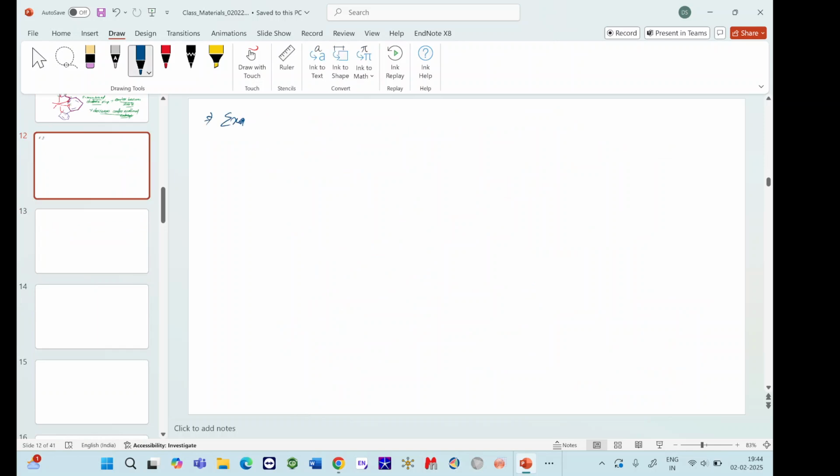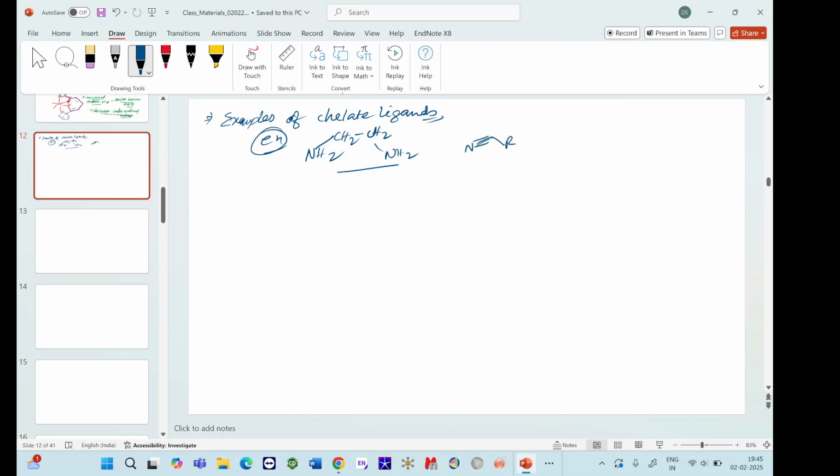Some examples will be ethylenediamine. This is most common. I think in class this was also discussed. H2N, CH2. Then you have a lot more things. This N can be like this also.